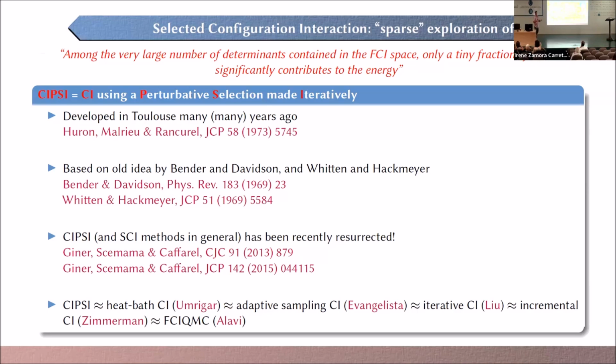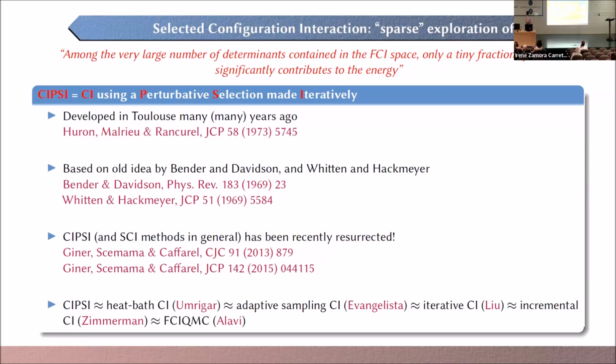So if one does not contribute too much, you say, well, maybe we're going to leave it on the side and take the other ones in. So we're going to do a sparse exploration of the Hilbert space, because the Hilbert space is huge, but most of the space is zero. So let's try to be a bit more clever.